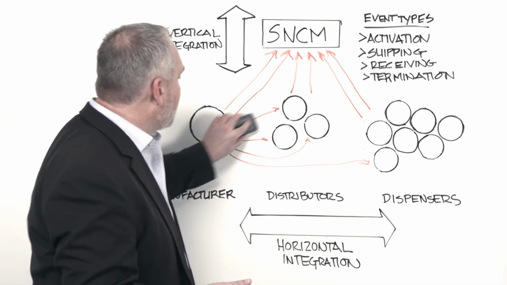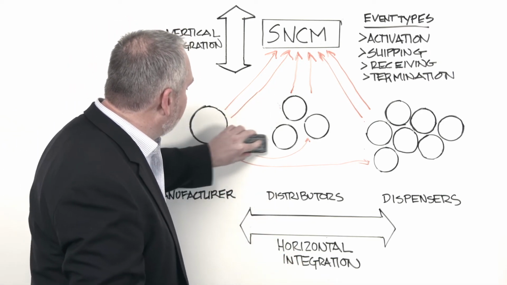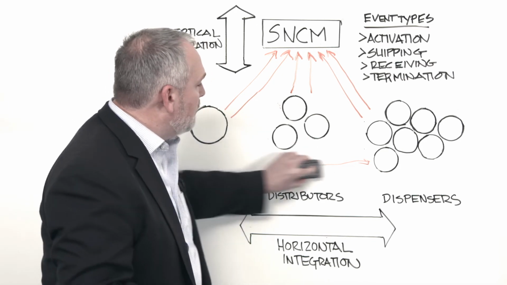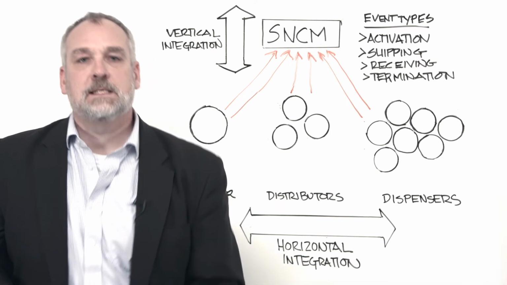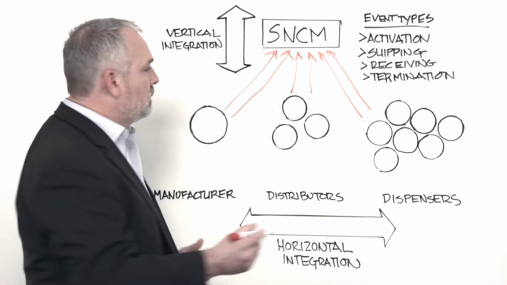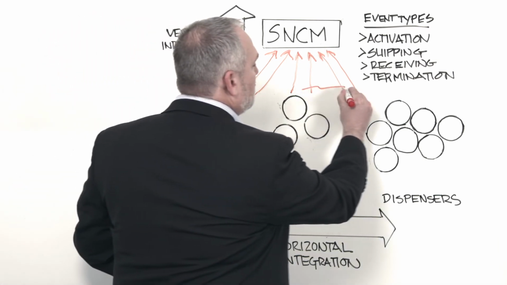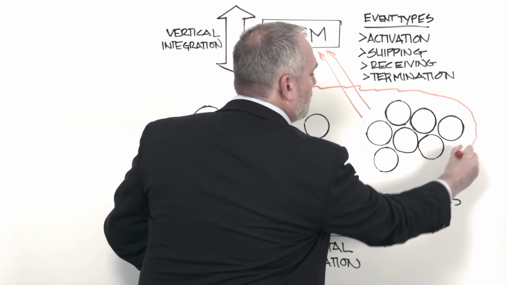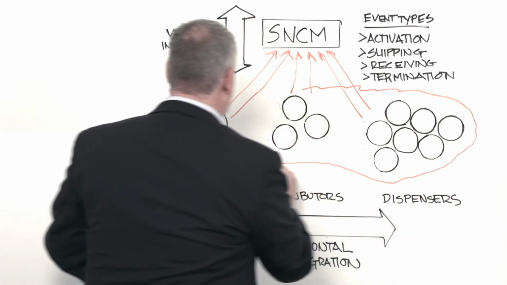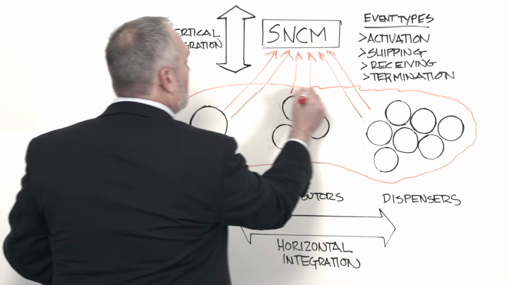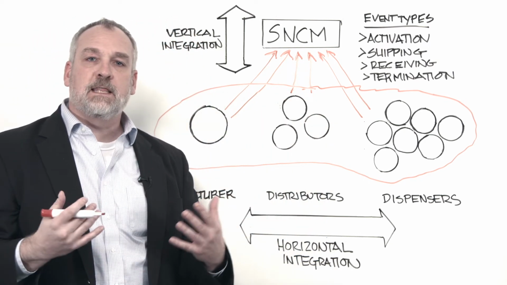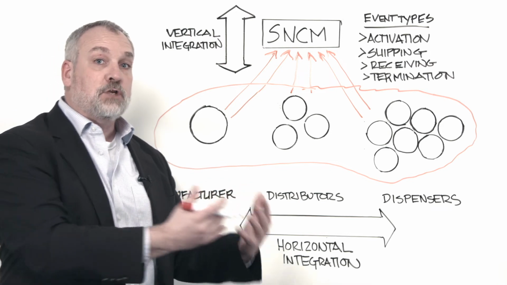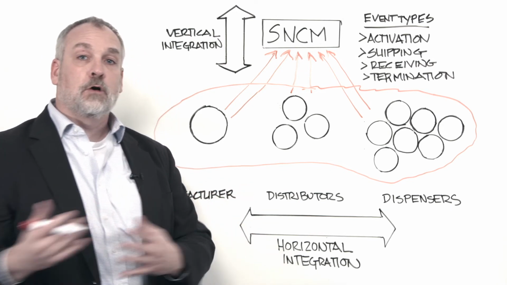And so what that model really consists of is, rather than these point-to-point integrations, the TraceLink Life Sciences Cloud defines everybody on that cloud. And everybody is operating within that cloud, whether you're a TraceLink customer or not.